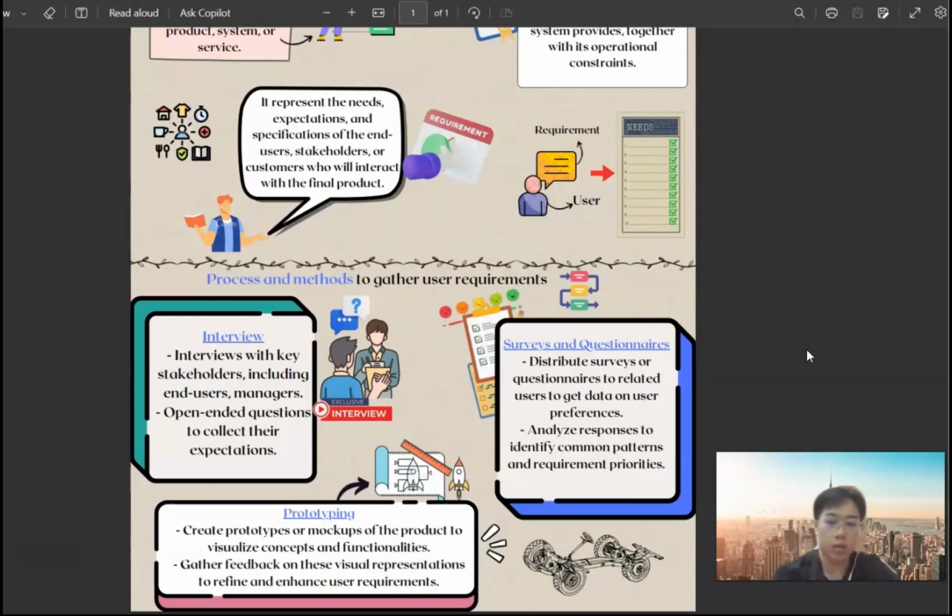So we move on to prototyping. Prototyping is to create prototypes or mock-ups of the product to visualize concepts and functionalities.